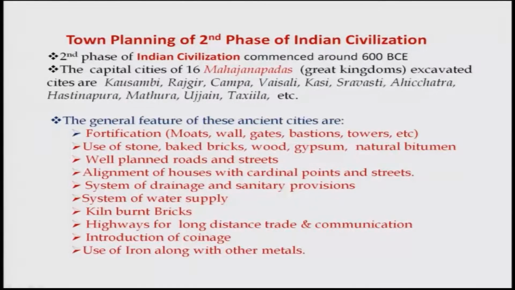And introduction of coinage was there, which we will not be discussing, but a lot of coinage you can see on the internet or other places, and use of iron along with other metals was a part of this town planning.